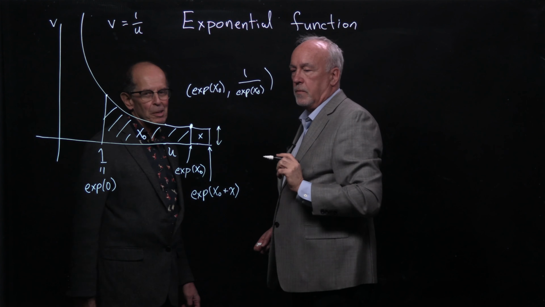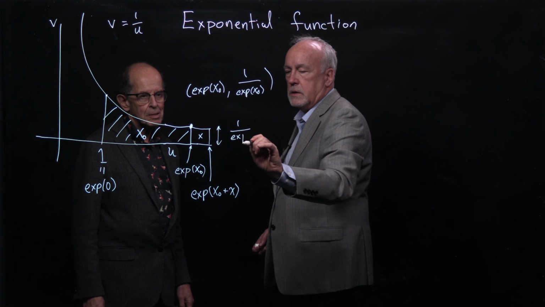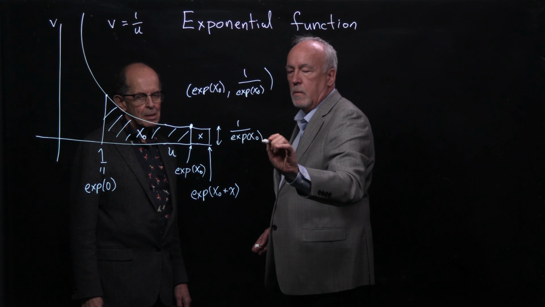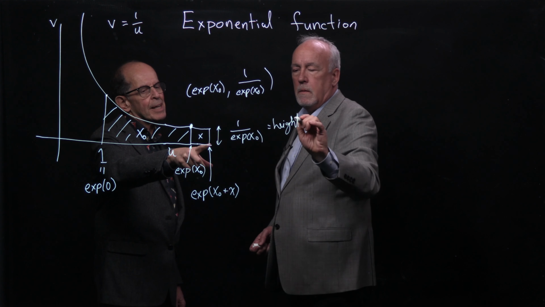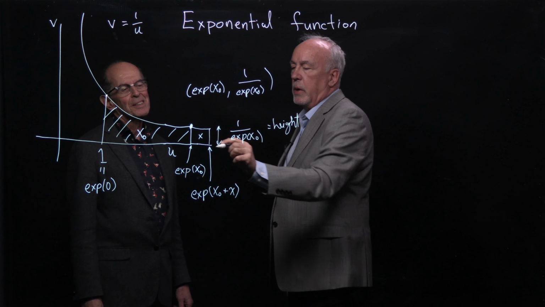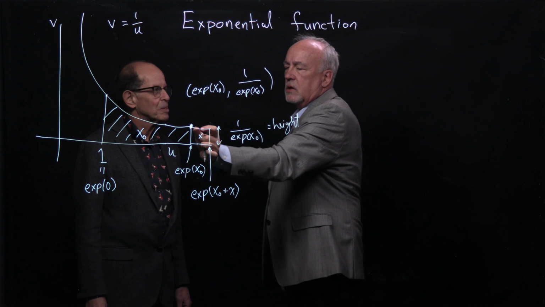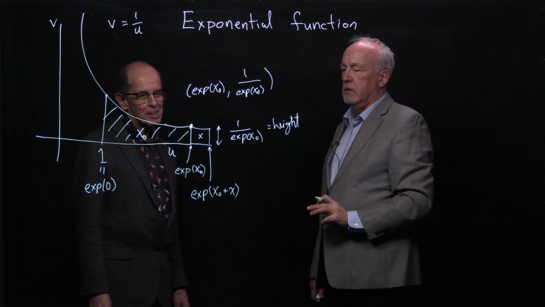Well, it's the height of v, so 1 over the exponential of x0. Well, that's the starting height. It's going to be a little less over here, but we're not going to worry about that. We're approximating, remember? And remember, x is small, so these things are really close. So for our approximation, let's call it 1 over the exponential of x0.